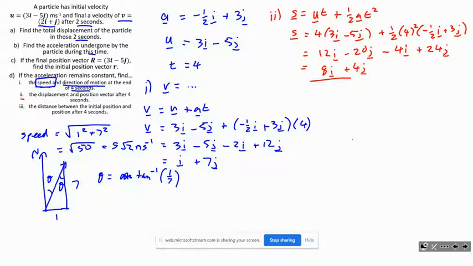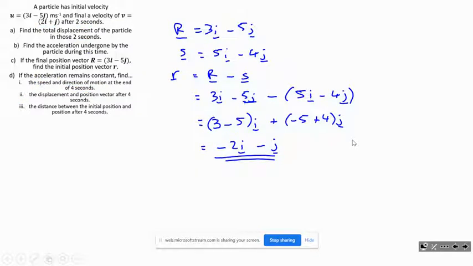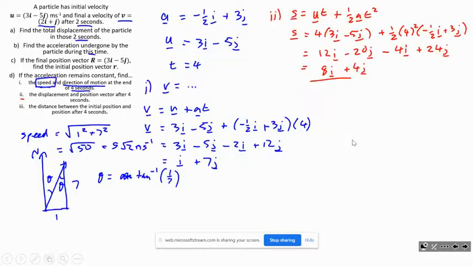So the position vector is going to be based on our initial position. Our initial position was negative 2i take away j. So our new position, evaluated when t equals 4, is going to be our initial position.